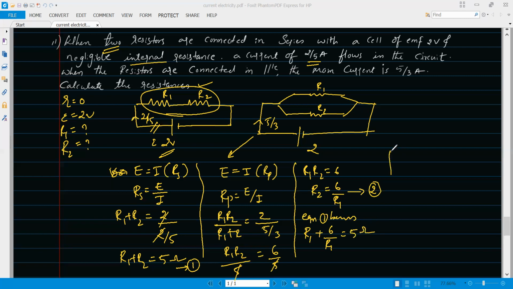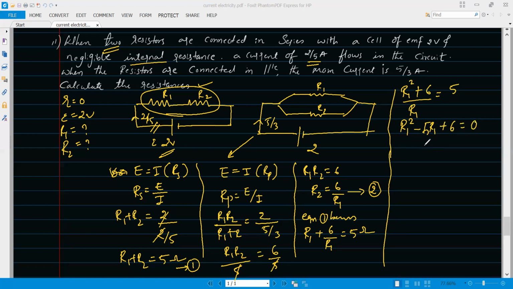So if you solve this, ಇದನ್ನ ಸಾಲ್ವ್ ಮಾಡಿದ್ರೆ LCM ತೆಗೆಯೋಣ. r1 ಮೇಲ್ಗಡೆ ಆಗಿತ್ತು r1 ಸ್ಕ್ವೇರ್ plus 6 is equal to 5r1, ಇದನ್ನ ಈ ಕಡೆ ತಗೊಂಡು ಹೋದ್ರೆ r1 square minus 5r1 plus 6 is equal to 0.